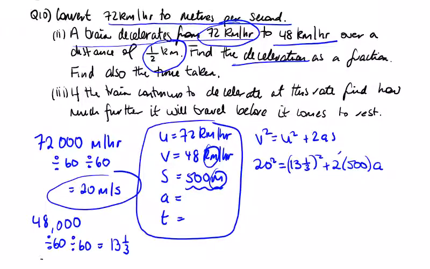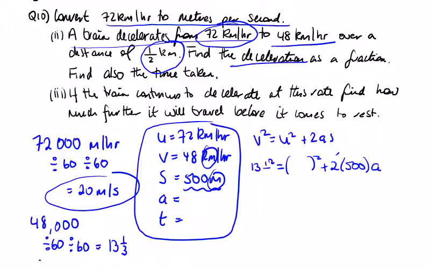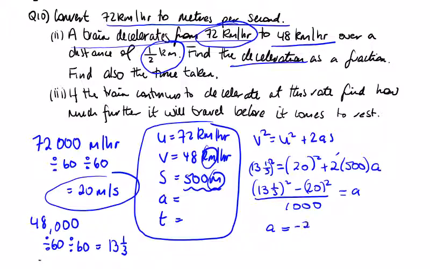I'm using these the wrong way around here. 13 and a third squared is equal to 20 squared plus 1000a. So I'm going to get my acceleration to be 13 and a third squared minus 20 squared divided by 1,000. I'm just going to type this into a calculator. That's equal to a. So a bit messy here. a is equal to, as a fraction, minus 2 over 9. It's given me on a calculator.